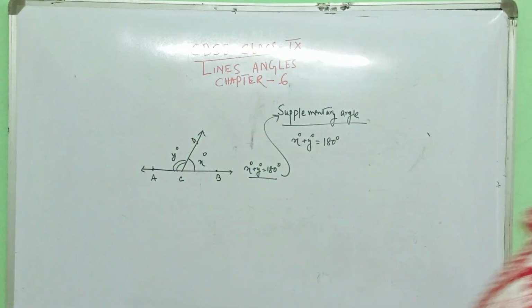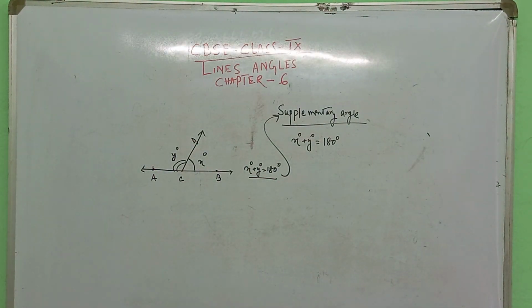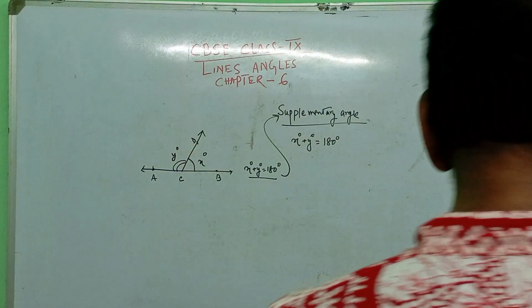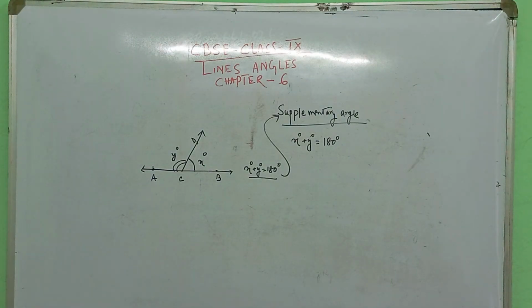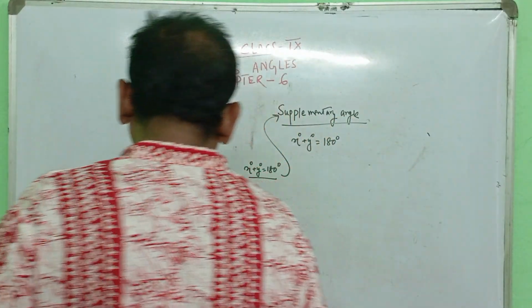For a linear pair of angles, they are supplementary angles. This is the first axiom.